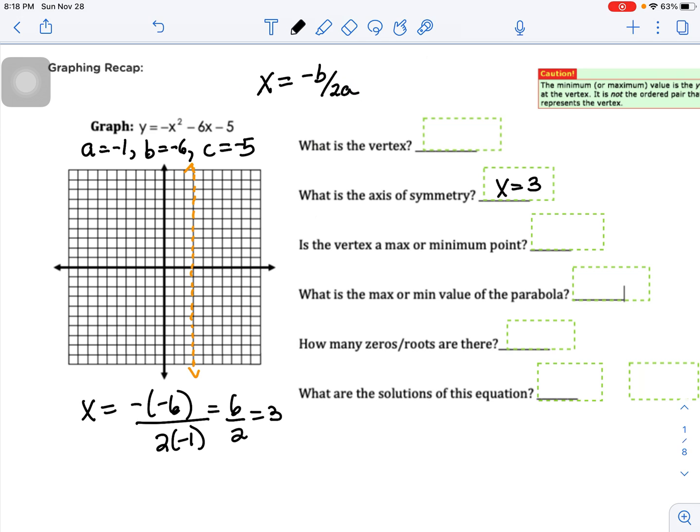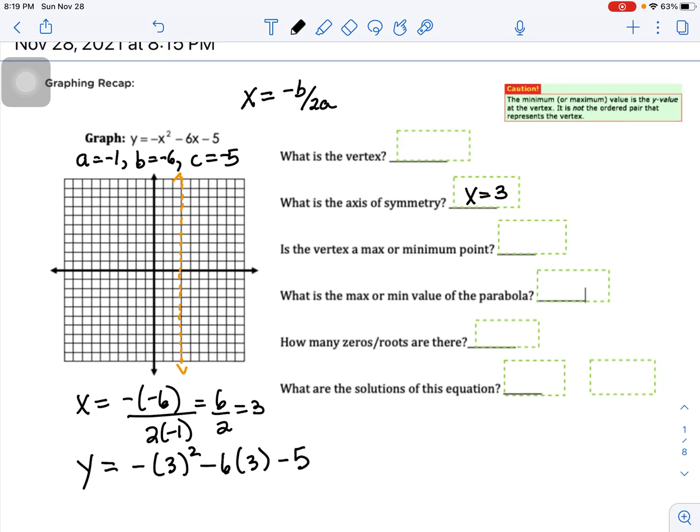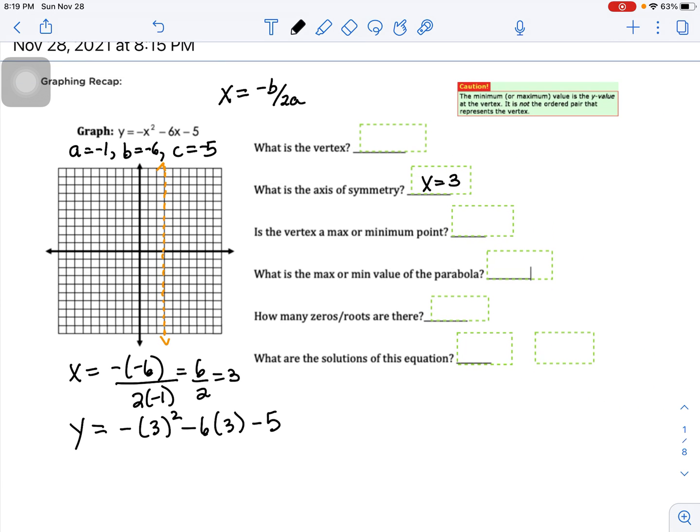I'm going to take x equals 3 and plug it into the equation and find y. y equals the opposite of 3 squared minus 6 times 3 minus 5. Pay attention while you plug the value in for x. You will always square before you multiply by anything in front. So that's going to be the opposite of 9 minus 18 minus 5.